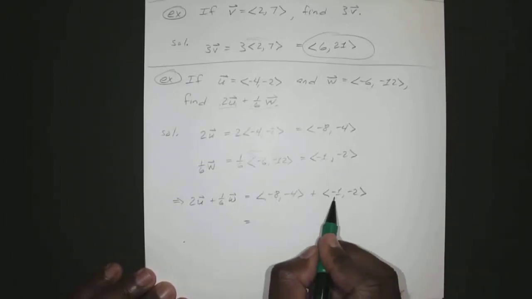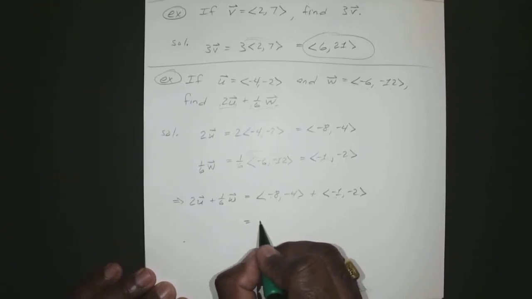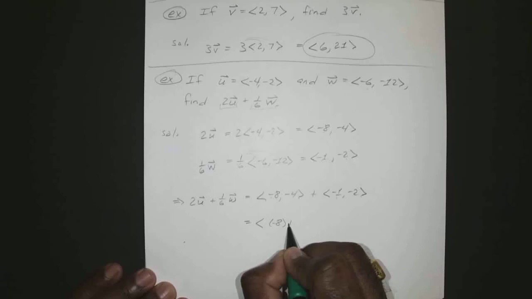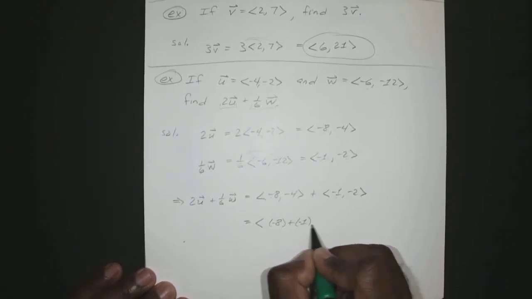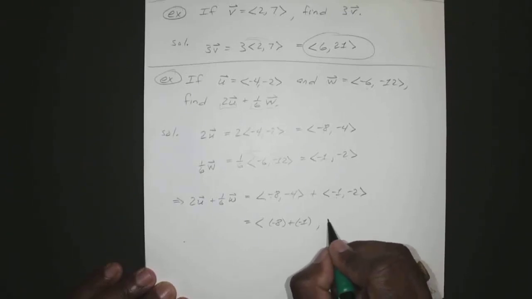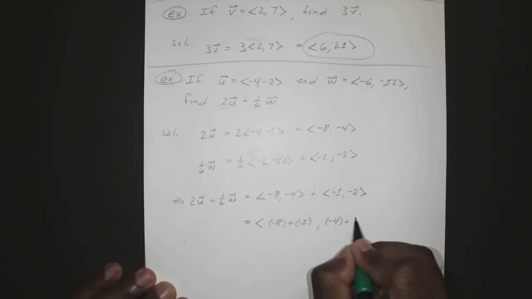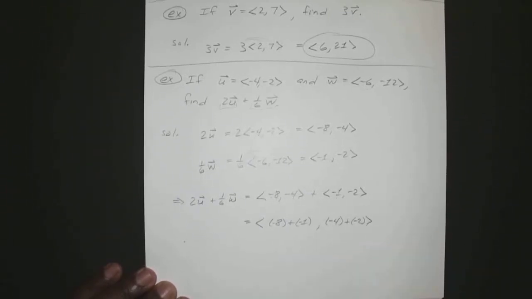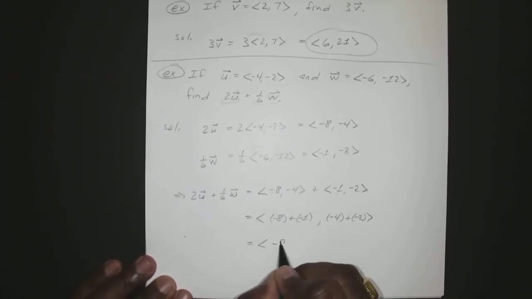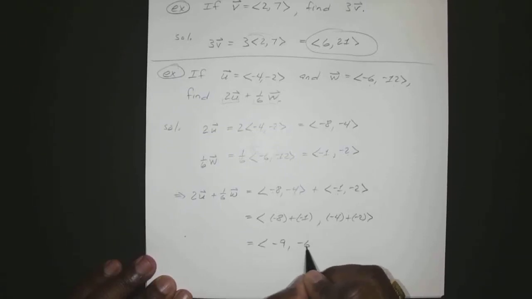So you have -8 plus -1. You have -4 plus -2. Okay, which will equal -9, -6.